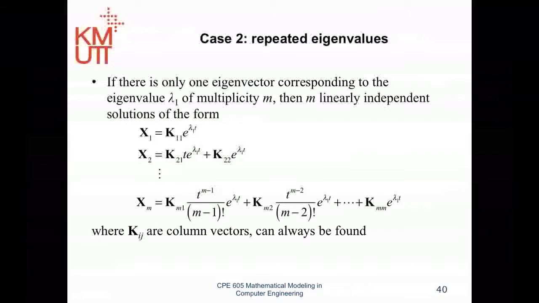In the second case, we would have m linearly independent solutions. The first one is like in the first case, k11 e to the lambda 1 t. The second one would be k21 t e to the lambda 1 t plus another k22 e to the lambda 1 t, and so on.